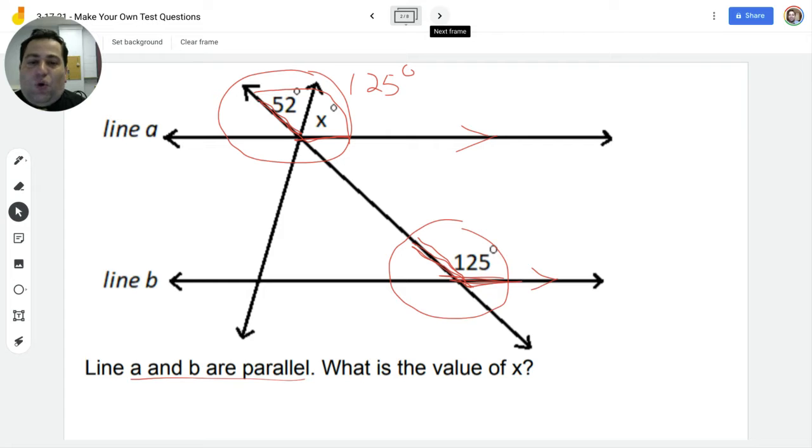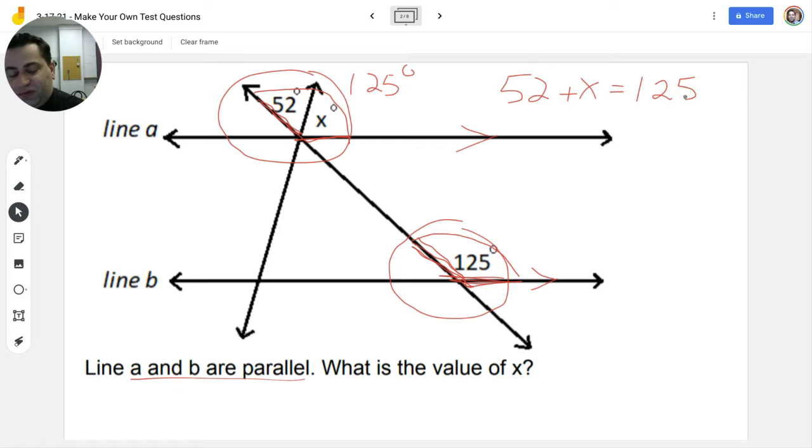So if I know that whole angle is 125 degrees, and I know that part of it is 52, then we could write the algebra out here. 52 plus x equals 125.